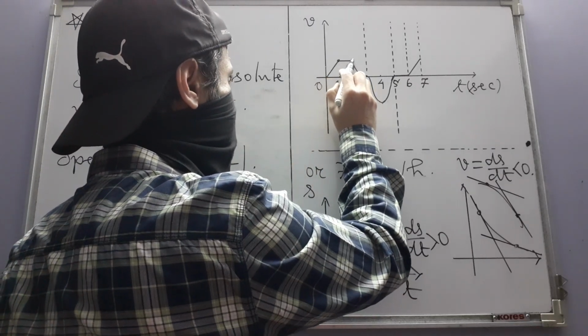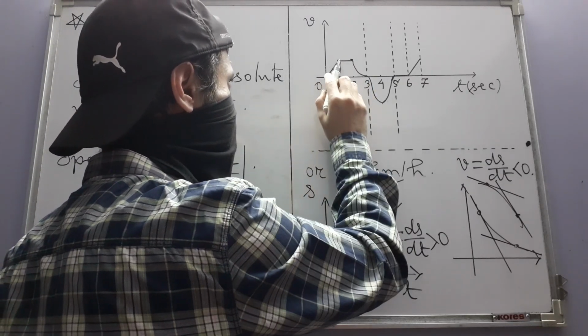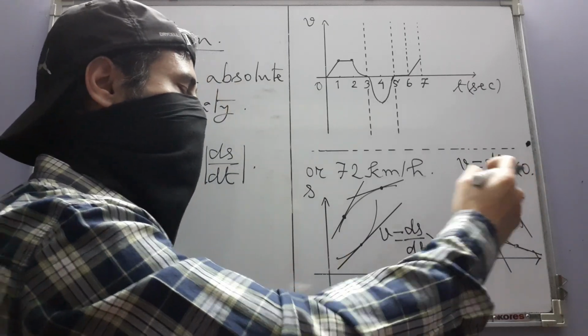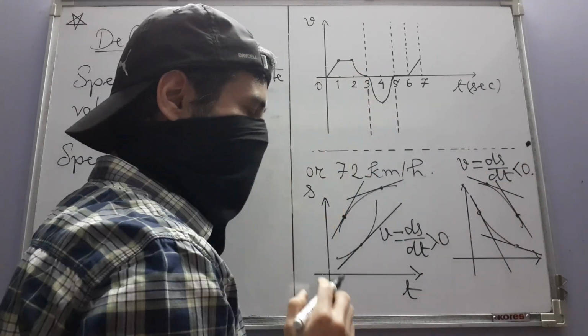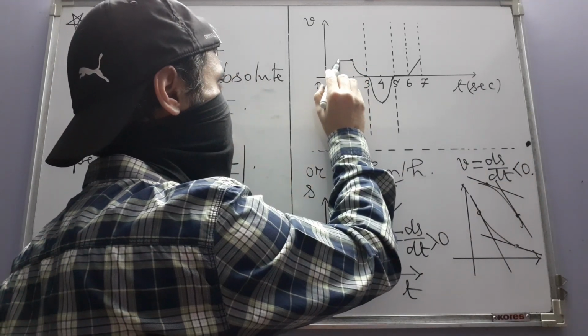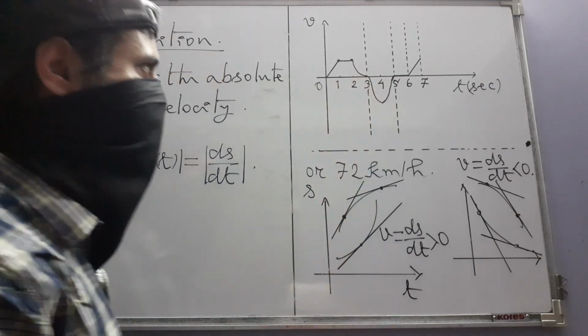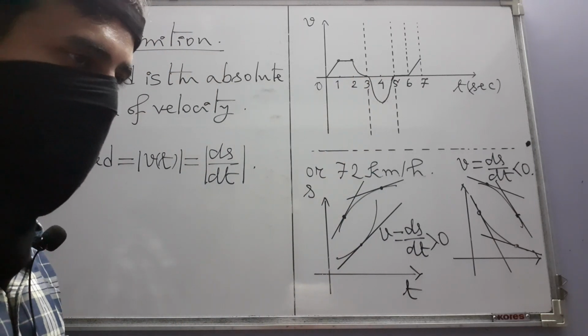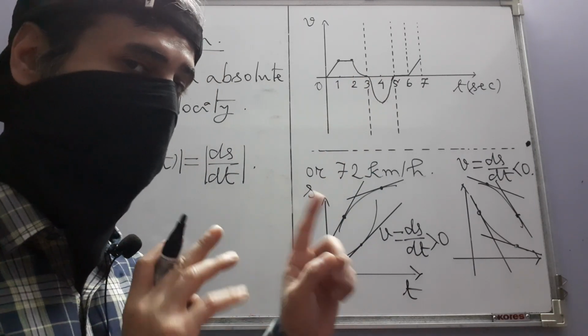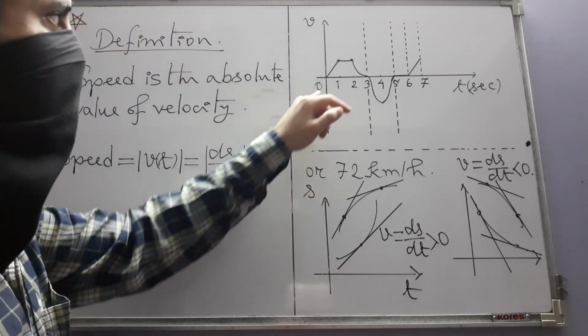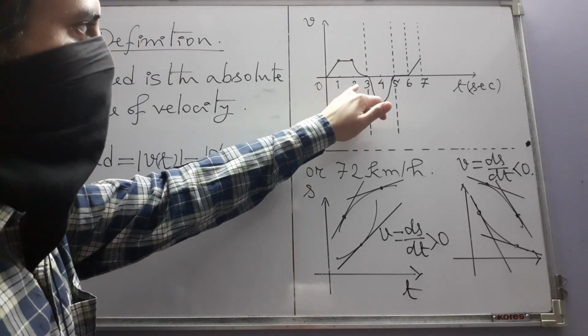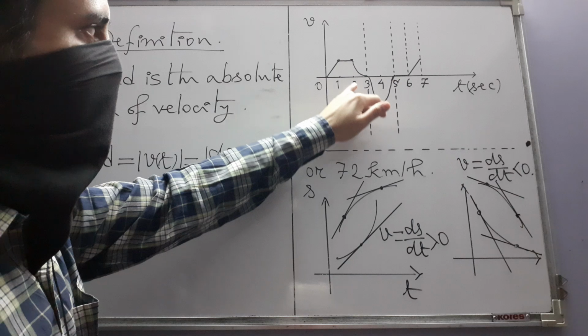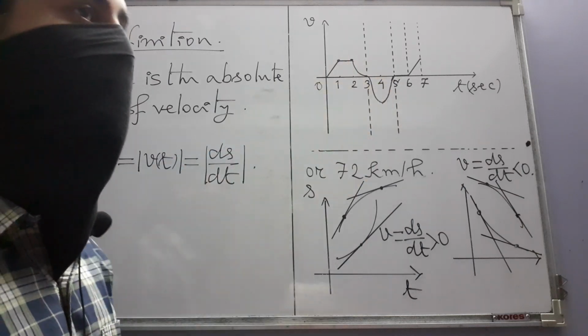And then for the second second, it is still going away, but now it has a constant value of velocity. That means it's steadily moving. Now its velocity is not increasing. But then from the instant t equal to 2 seconds, the velocity started decreasing.